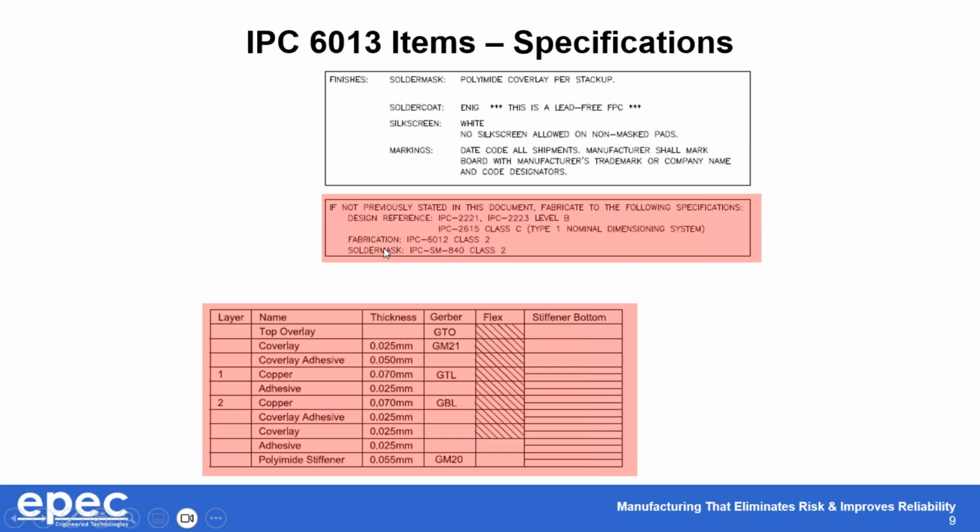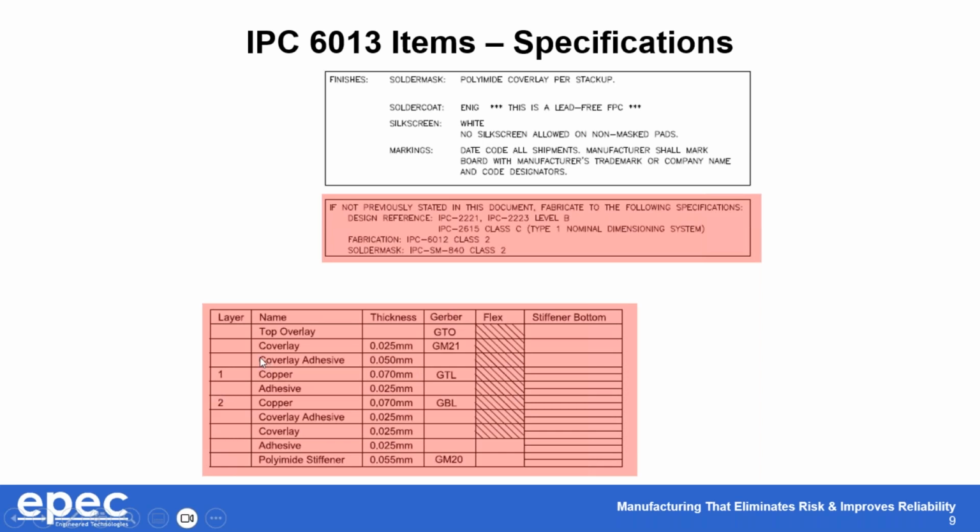whereas on this next portion, we see that they call out IPC 6012 Class 2. Now, again, like I just said, 6012 pertains to a rigid PCB. This means that we then have to go back and clarify that this is supposed to be a flex or a rigid flex PCB. And then down at the bottom, you can see where they used generic callouts as well.